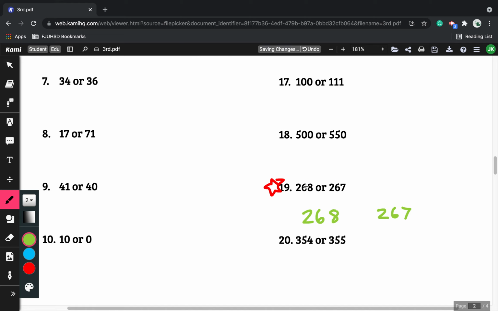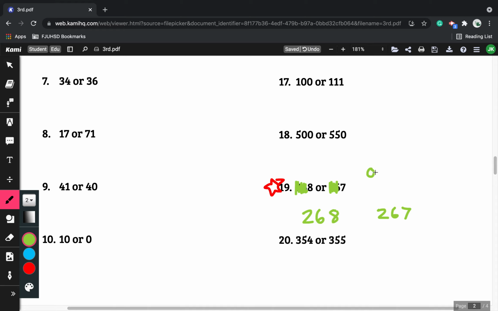If they're the same, then move on to the second value, which is the tens place, and see which one's bigger. If they're the same, you have to look at the third digit, and so on. So this is 8 or 7. 8 is bigger because it is closer to 10, and if we're going from 0 through 10, 8 is closer than 7. Basically, the more the number goes this way, the greater it is.